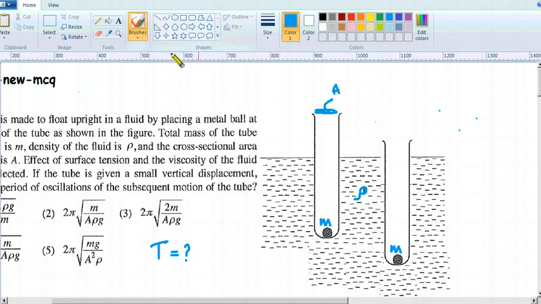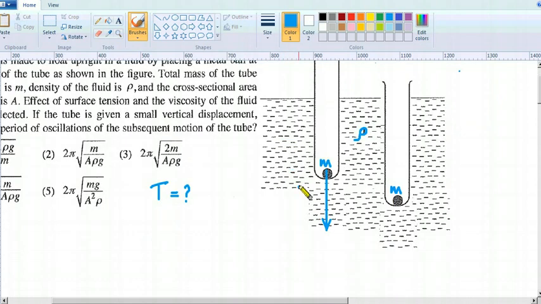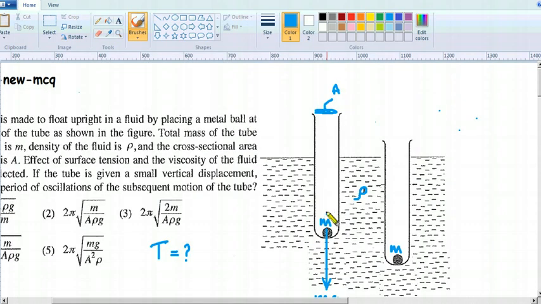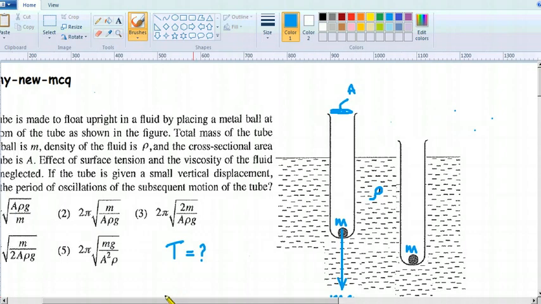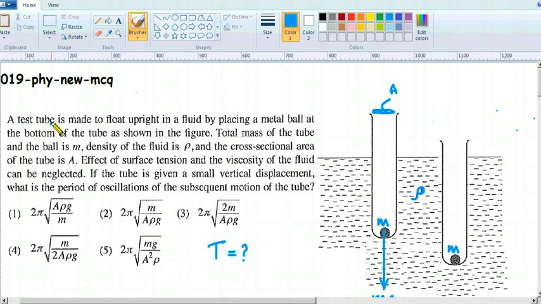So definitely the weight is there, so I draw it like this. Usually we draw mg, because they have given the total mass as m. So the force downwards is mg. They say the test tube is floating, a test tube is made to float upright in a fluid by placing a metal ball.